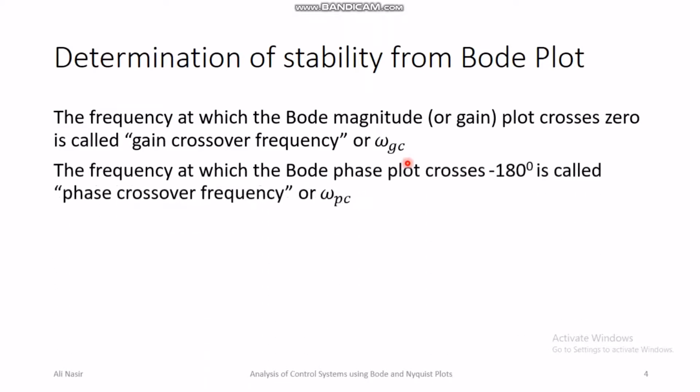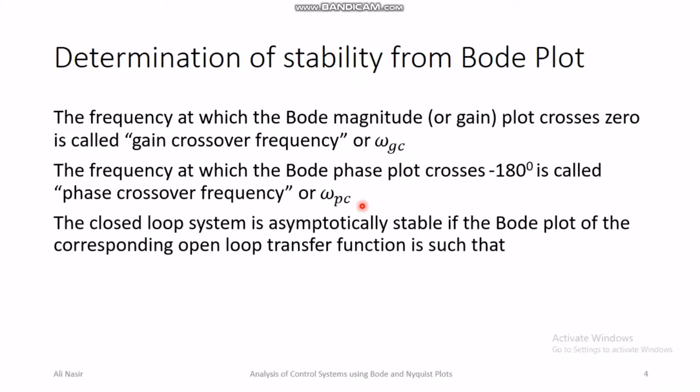And then there is a frequency at which the Bode phase plot crosses the minus 180 degree value. This is called the phase crossover frequency, omega sub pc. Once you understand phase crossover and gain crossover frequency, the asymptotic stability of the closed loop system is guaranteed if in the Bode plot of the open loop transfer function you have omega gain crossover less than omega phase crossover.